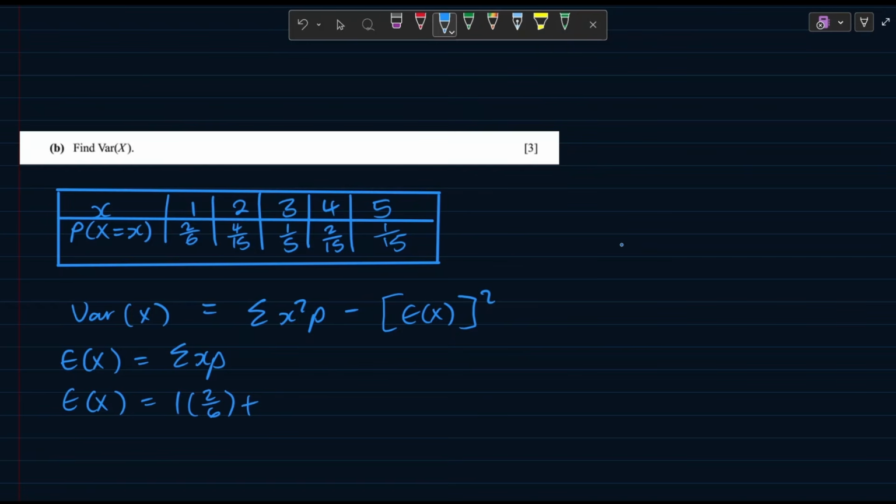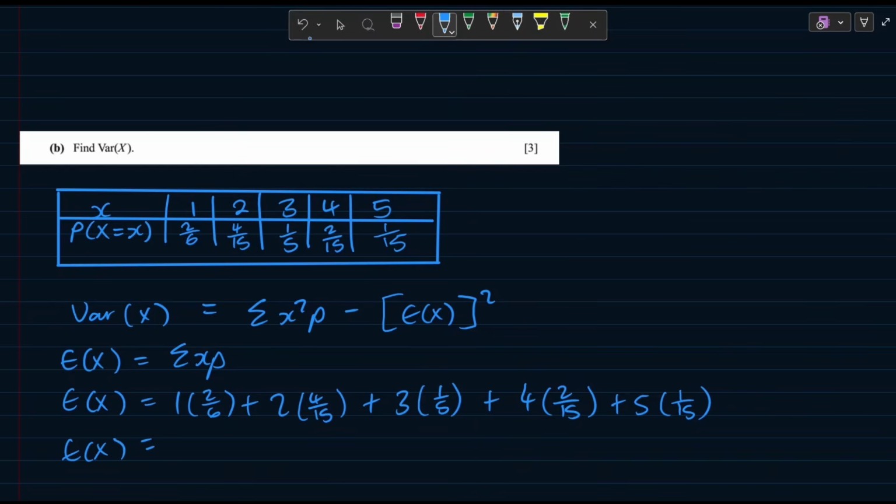It's in the MF19. So our expectation is going to be 1 times the 2 over 6 plus 2 times the 4 over 15, and we continue like this. So 3 times the 1 over 5 plus 4 times the 2 over 15 plus 5 times the 1 over 15. So our expectation of x is, let's punch that into the calculator.